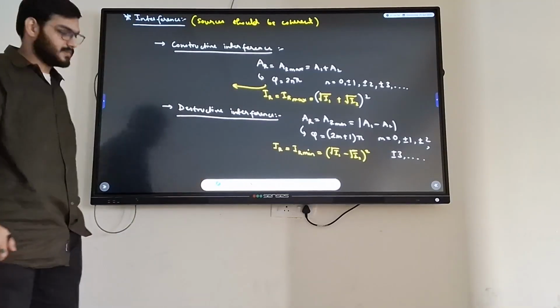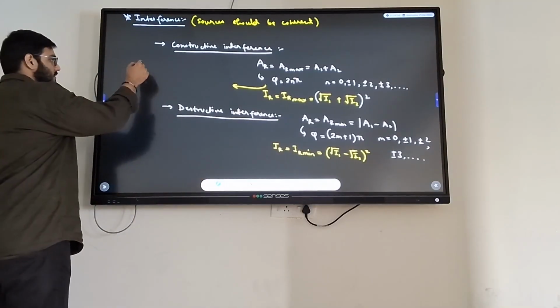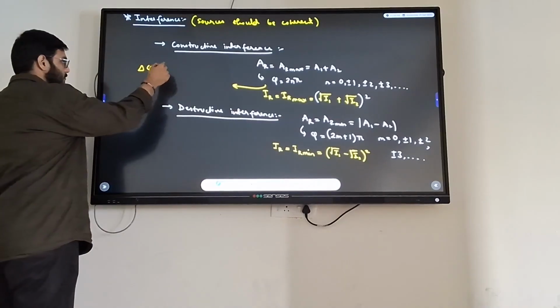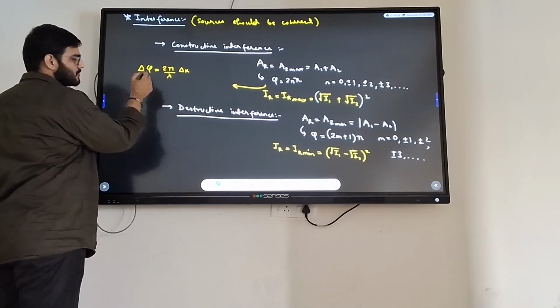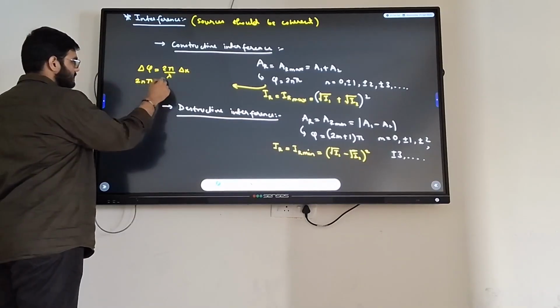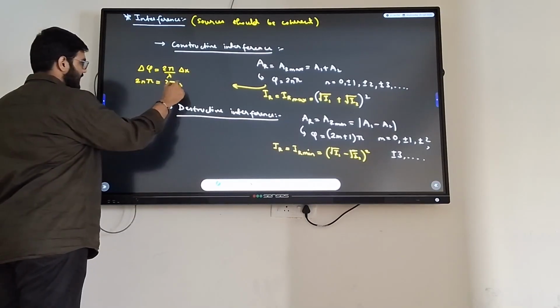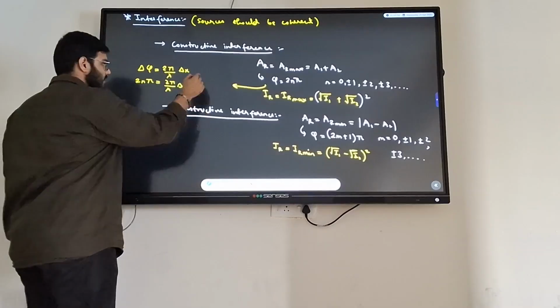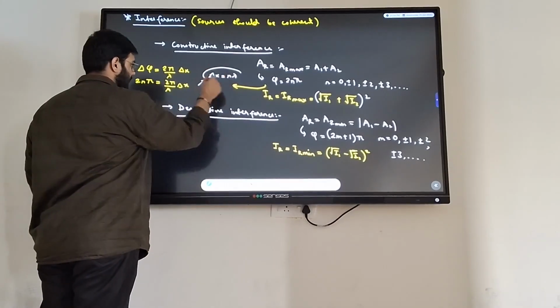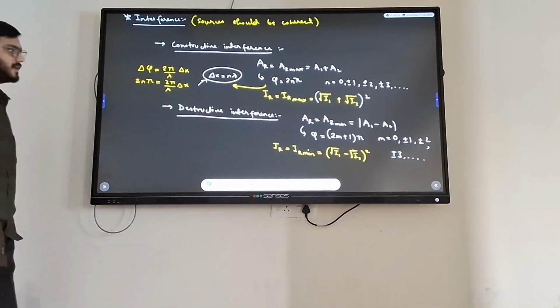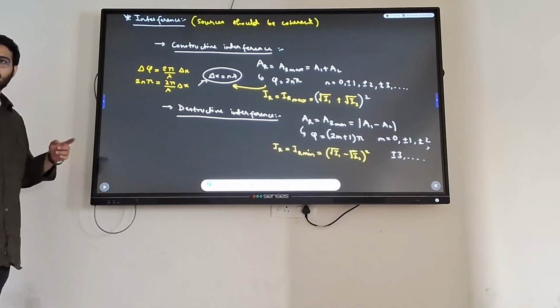Let's check. Delta phi equals 2 pi by lambda delta x. And delta phi, what should I write? 2n pi. So you will get delta x to be n lambda.